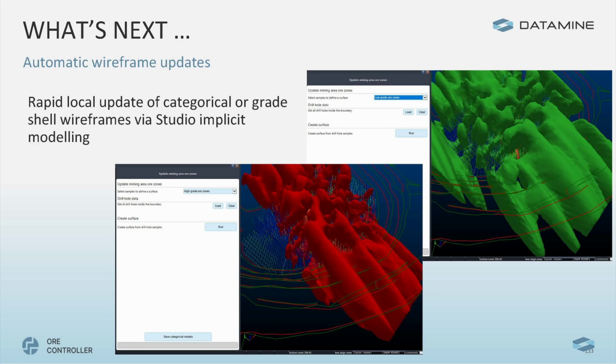With Ore Controller's blast scale grade modelling concept, you'll be able to rapidly update your wireframes on the fly as you conduct your grade control modelling, meaning you'll have access to the most up-to-date data. And rather than lengthy processing times for your implicit models, I'm told these models took about 90 seconds to build.